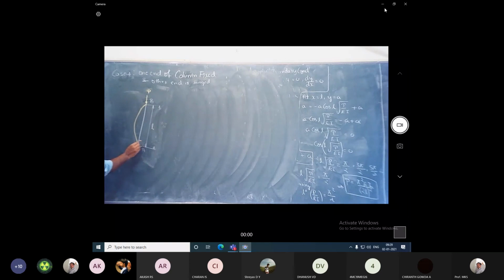There will be a resisting moment M naught at the end A. To overcome this resisting moment, to balance the effect of the moment, there will be a horizontal reaction force acting at the hinged end.